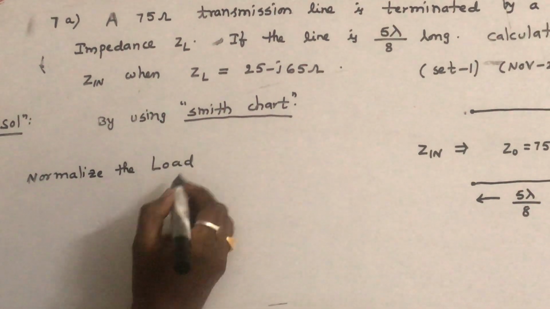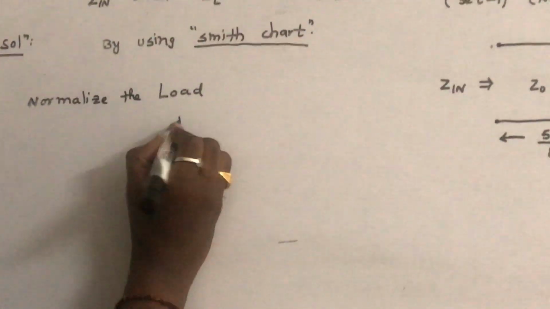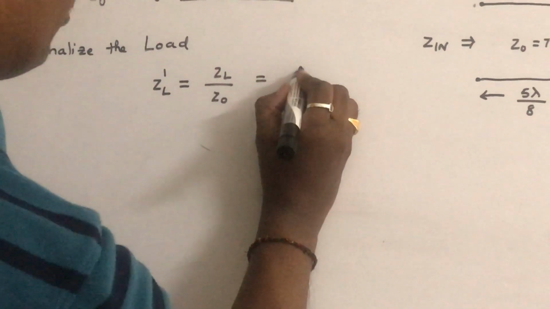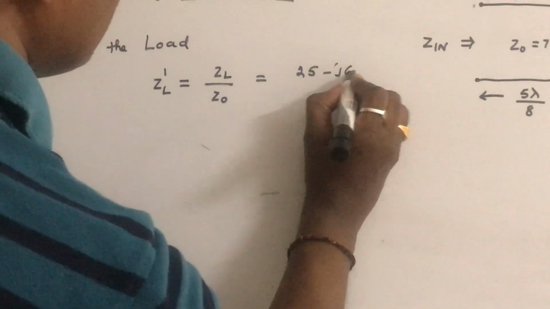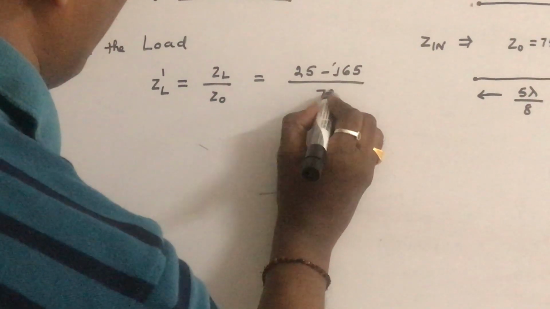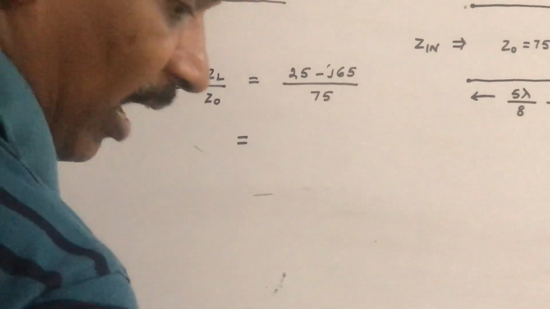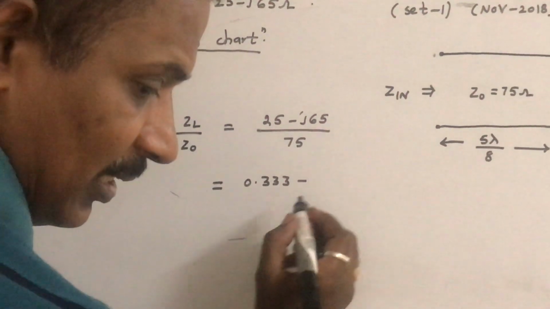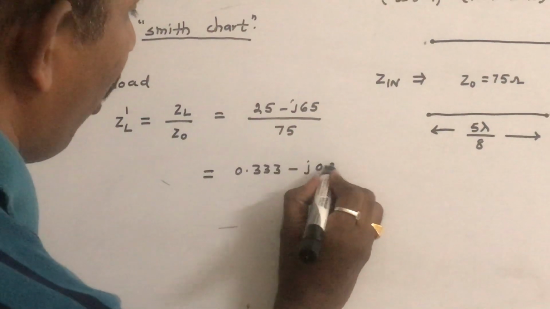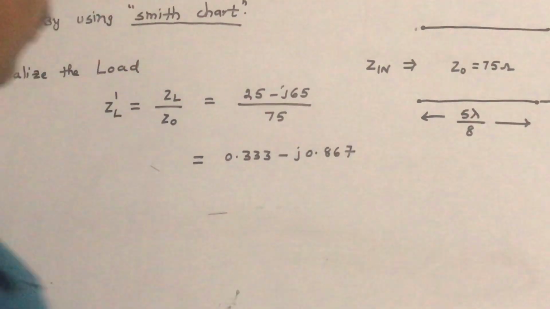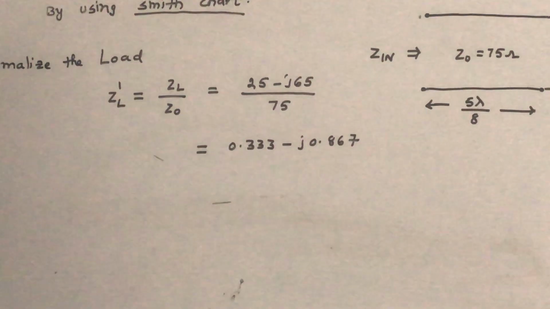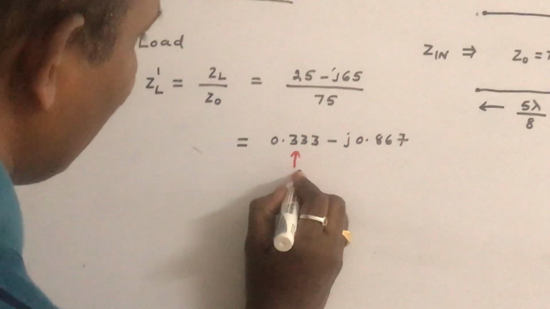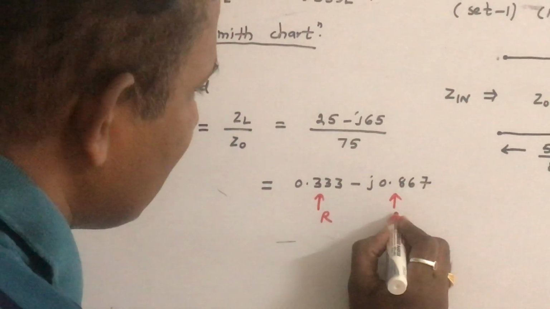The first step in a Smith chart problem is ZL dash, which is equal to ZL by Z0. That is 25 minus j65 by the characteristic impedance of the line, 75 ohms. This will come out as 0.333 minus j0.867. Here 0.333 is the resistance circle value R, and minus j0.867 is the reactance circle value.